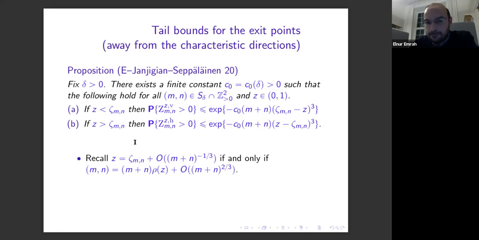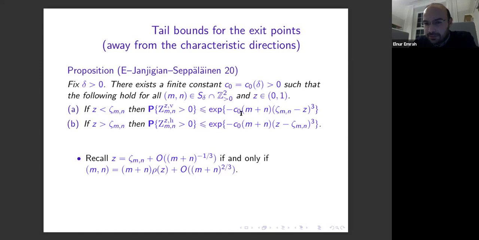Now, so you see the condition that Z is within (m+n)^(-1/3) of the critical parameter was that the vertex (m,n) being (m+n)^(2/3) of the characteristic direction.